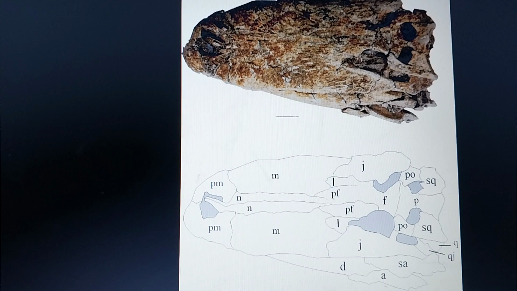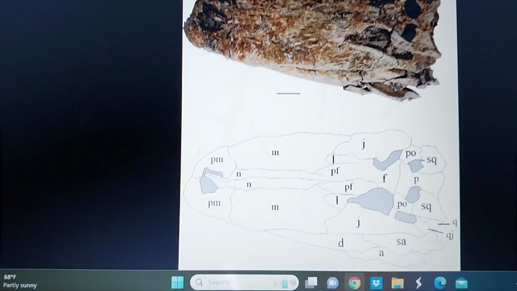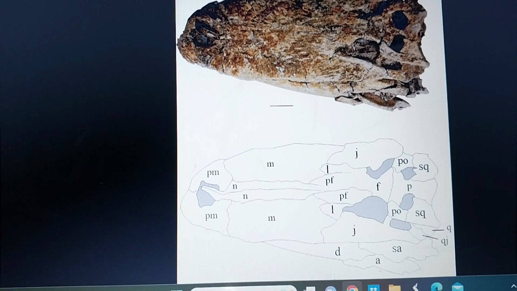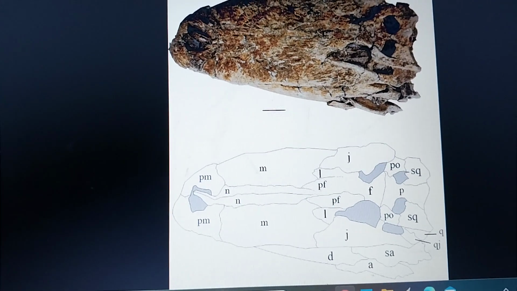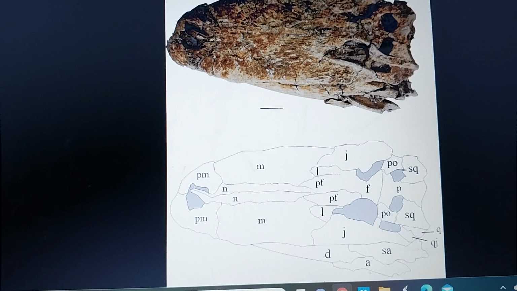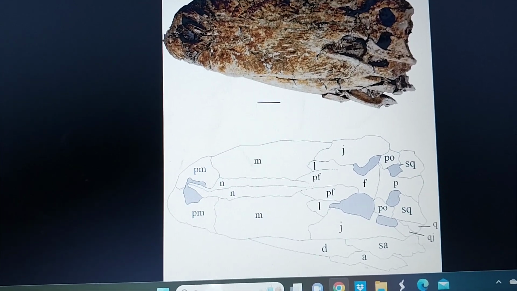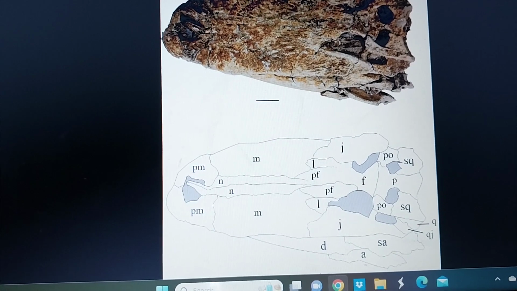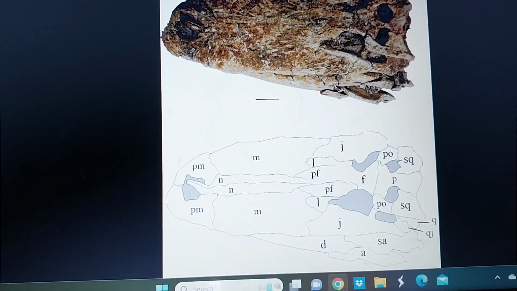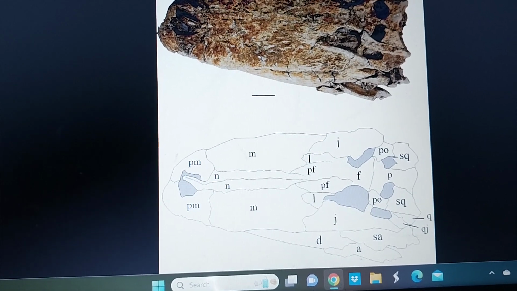Dorsally, the process of the premaxilla extends only to the first maxillary tooth, which is notably shorter than in either extant American alligators or specimens tentatively referred to Alligator cf. mefferdi.